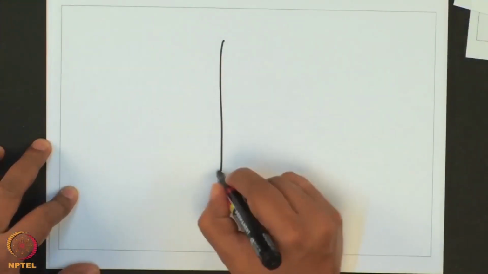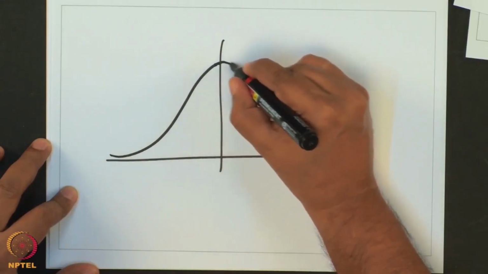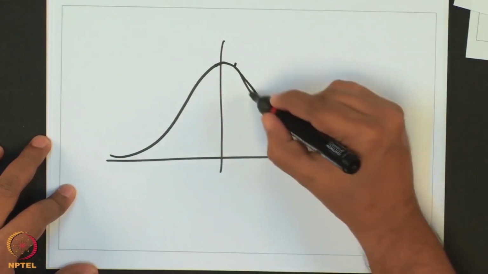Let us think a little bit more about this integral. So, let us plot the distribution first. Let us plot a normal distribution, which should be symmetric and nice.